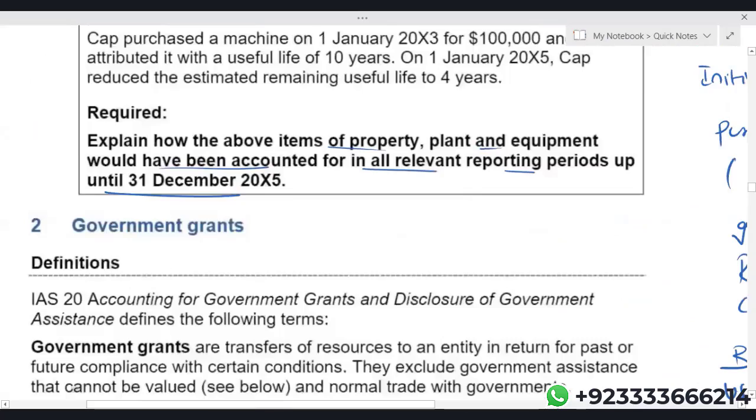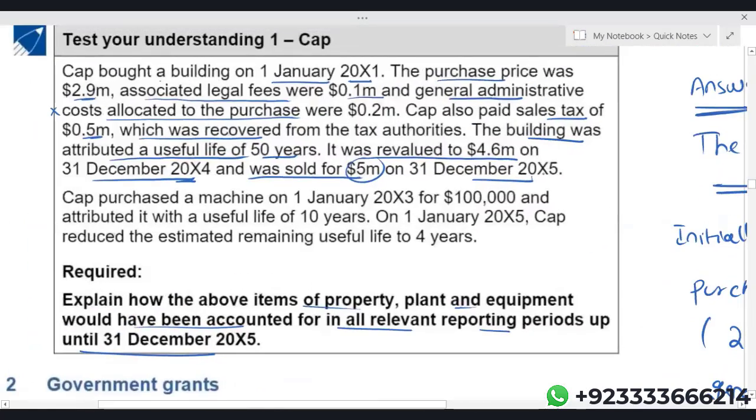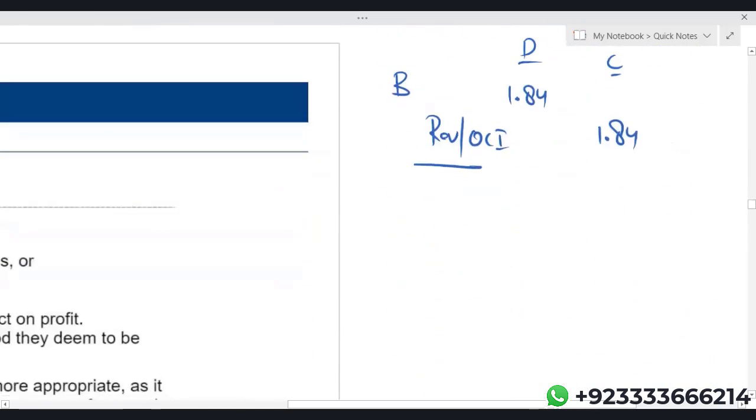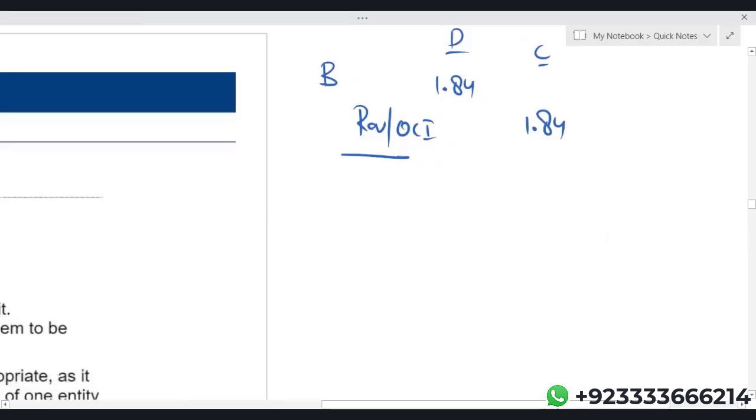Now, December X5, this building was sold for 5 million. Obviously, after revaluation, we will depreciate the asset over its remaining life.